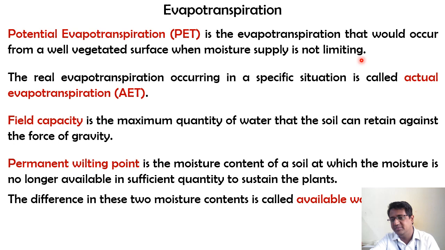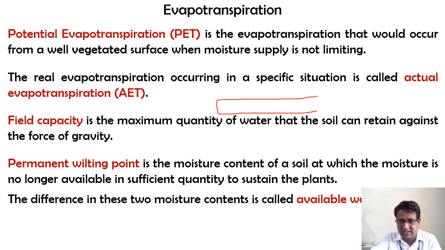So what do you mean by this? Let us try to draw a figure to explain this. Imagine, for the sake of simplicity, I am taking a chunk of soil. And I am going to say that the water supply is not limited, that is, you have full water supply and the soil is completely filled with water.